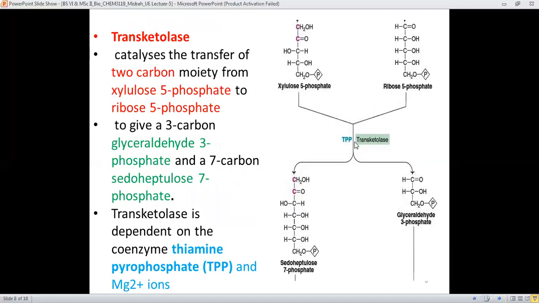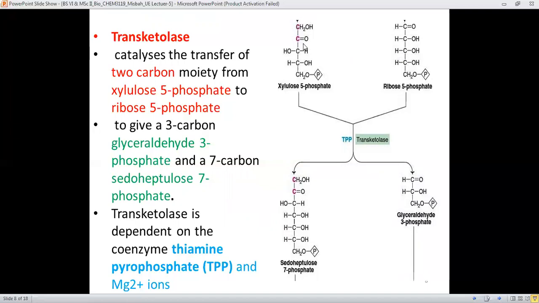Next is the action of the transketolase enzyme. What will the transketolase enzyme do? It will in fact shift carbon units between these two monosaccharides. It catalyzes the transfer of a 2 carbon moiety from xylulose 5-phosphate to ribose 5-phosphate.